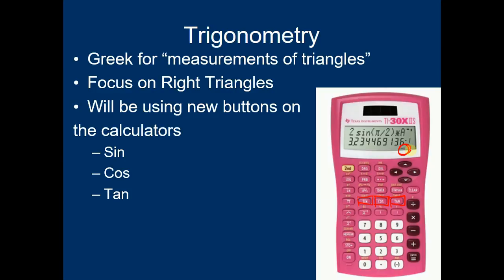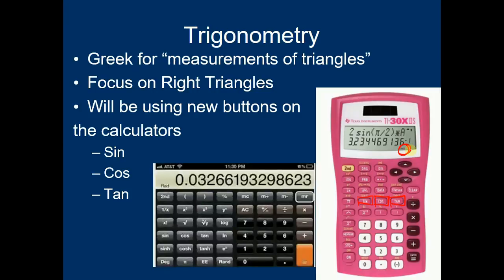If it says RAD, you need to tell me when we get back to class, and I will convert it back into a different mode. Otherwise, all the answers you get in class are going to be wrong, because your calculator is in the wrong form. So let me know if the calculator you normally use says RAD in the corner, and I will make sure that gets fixed for you.